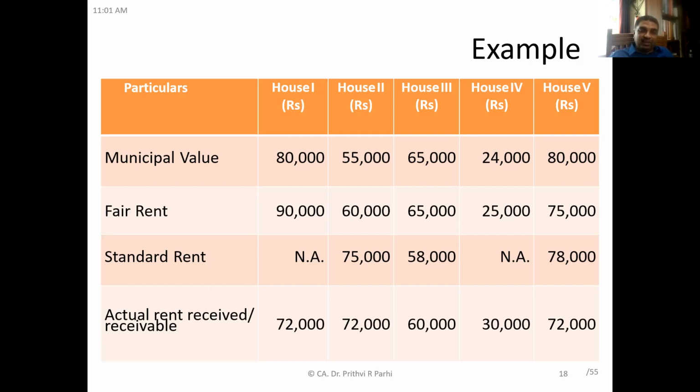Fair rent figures are 90,000, 60,000, 65,000, 25,000, 75,000. Standard rent: in one case it is not there, second case it is 75,000, third case 58,000, fourth case no standard rent, case 5, 78,000. Actual rent received and receivable figures are 70,000, 70,000, 60,000, 30,000, 70,000.